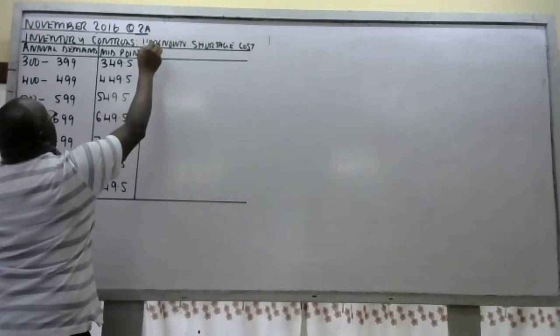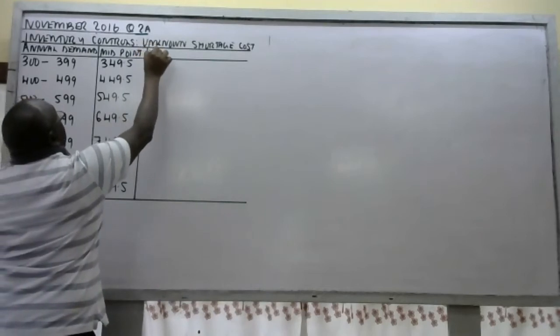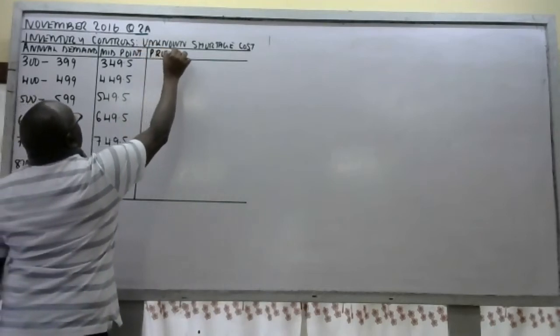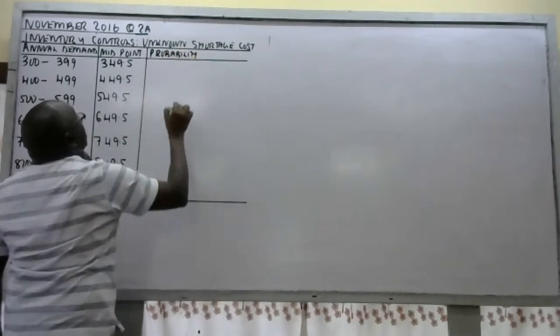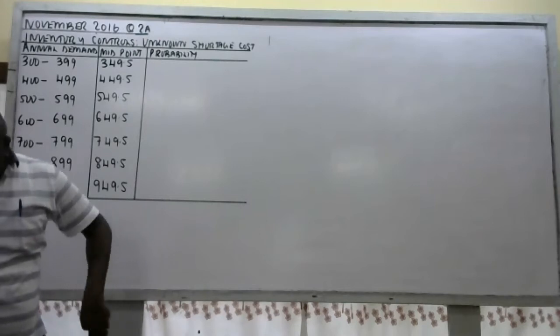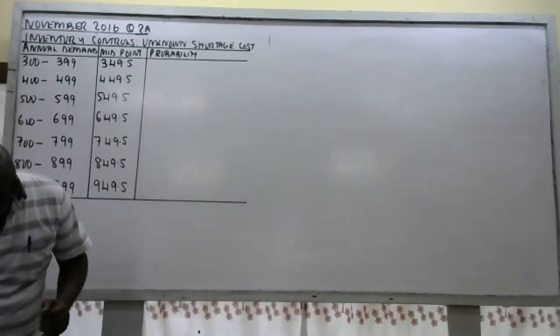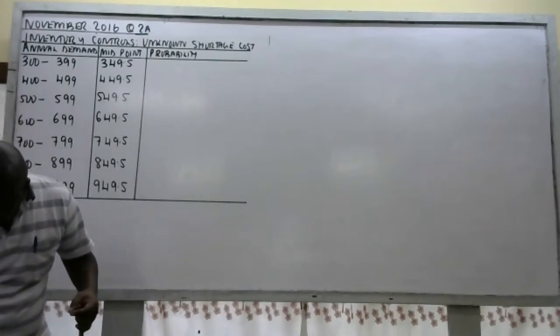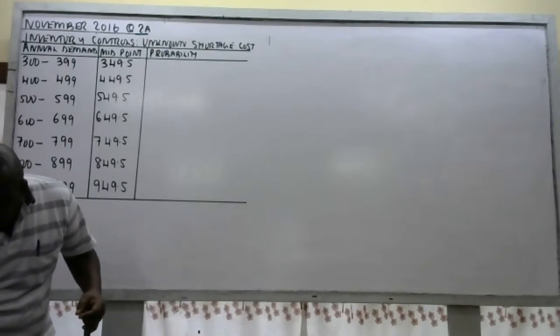Then you come and get the probability. And what you shall do to get the probabilities, you add those values, the same as 0 plus 16 plus 20 plus 25 plus 14 plus 8 plus 3 equals 86.